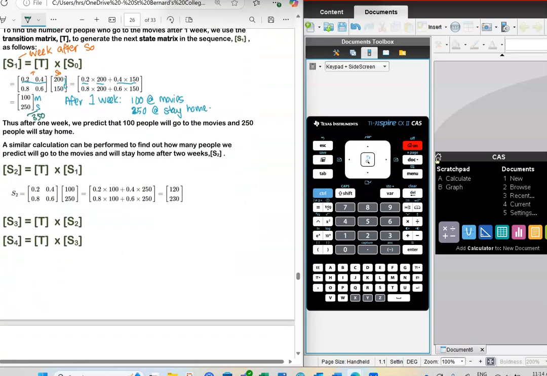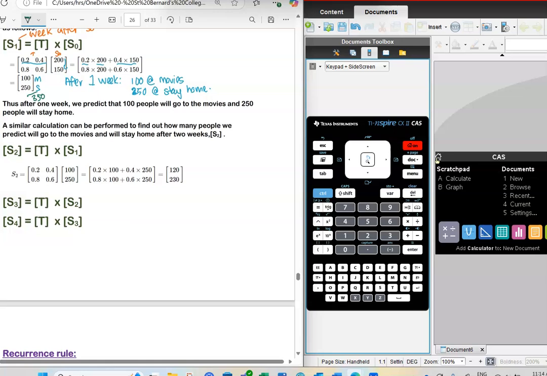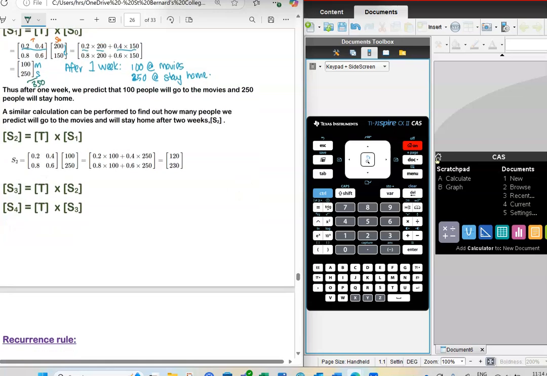Okay, so then we have a look. If we want to find week 2, you can see we use this transition again, but we now use week 1, because how we get the next week is we use the week before. So then if I do that, you can see here, this is S1 there. We've popped that in and we get that.